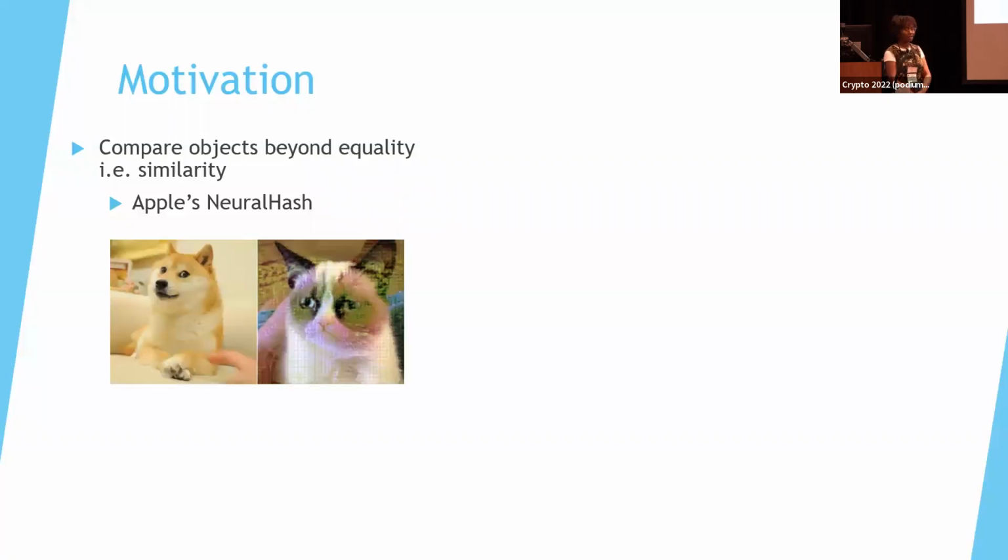Unfortunately, they had a few issues with collisions, such as these two images. But I think studying robustness, or how to make this particular application or similar applications robust, is still useful. And then property preserving hashing can also be useful for facial recognition when determining if two images are of the same person.